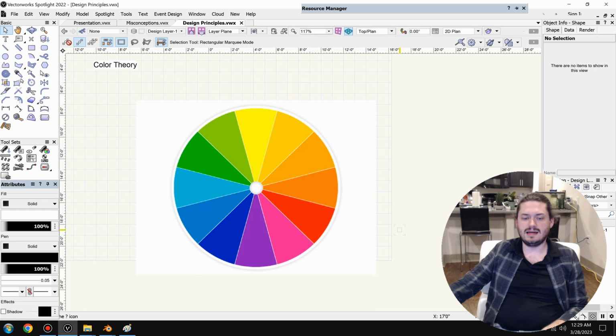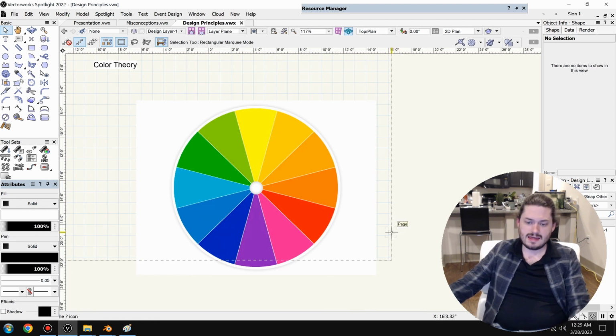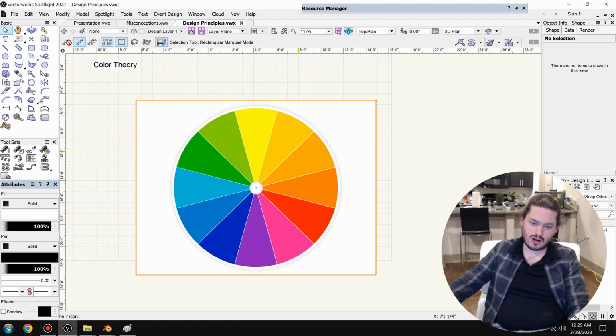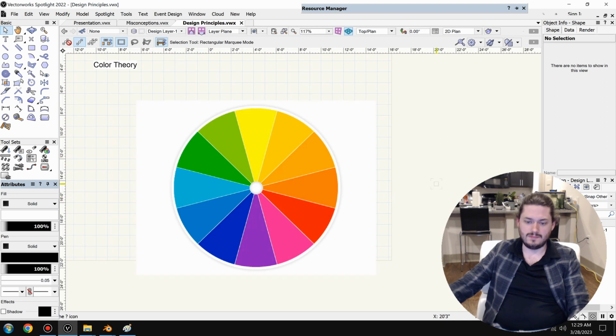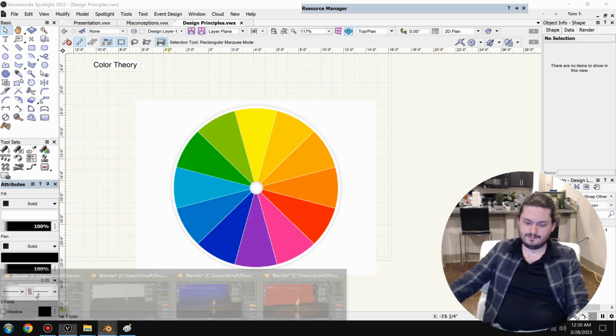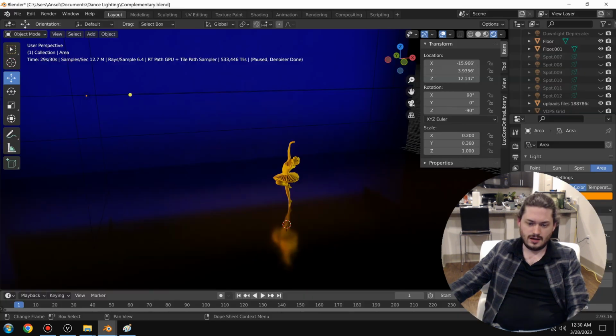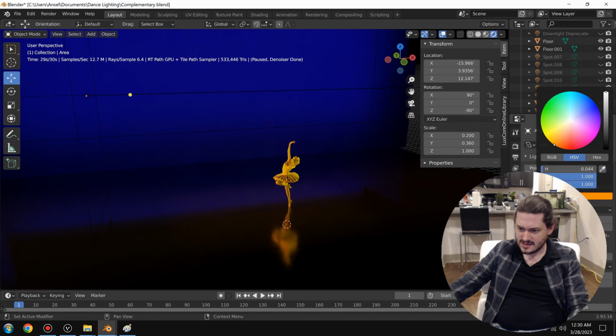And the final type of by-the-book color theory, color unity, is complementary color unity, where you're picking colors on opposite sides of the color wheel to each other and building a composition out of them. I kind of am not crazy about this color wheel all of a sudden. But it would look something like we had in the previous example.